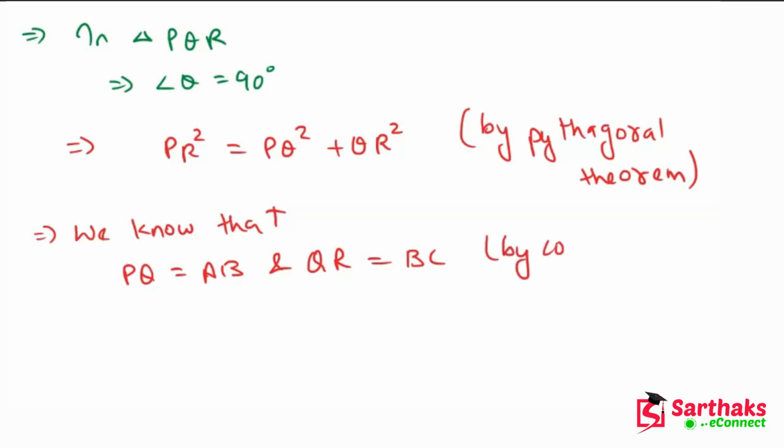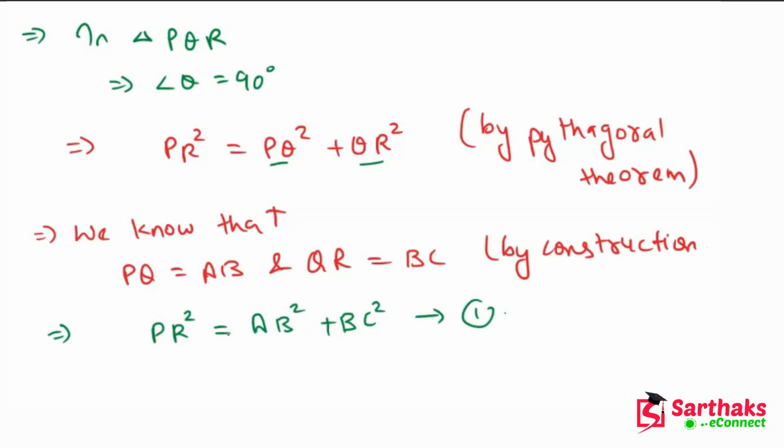This is by construction. So we can write AB in place of PQ, and BC in place of QR. So this equation will become PR square is equal to AB square plus BC square. This is the first equation.